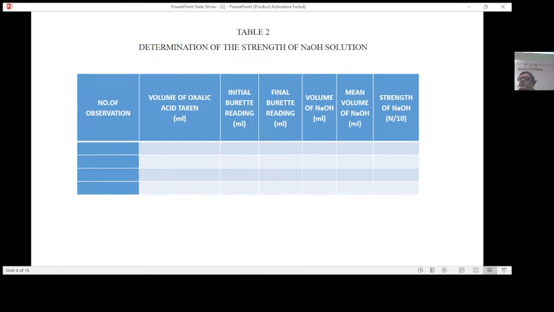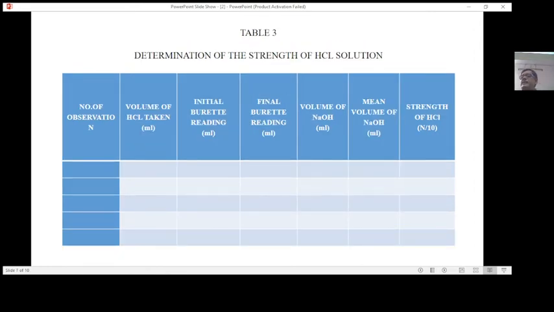The next table is the determination of strength of HCl. We will take 10 ml of HCl. Burette readings you will get as it is a burette of NaOH, 1, 2 and 3. Get the volume of the NaOH, and as we know the strength of NaOH from table number 2, using V1S1 = V2S2 you can easily get the strength of HCl by using an indicator.